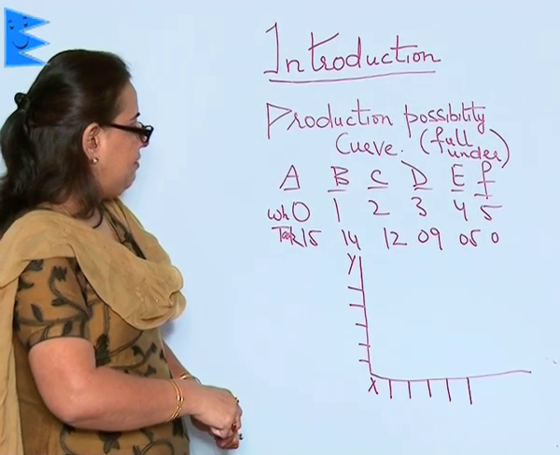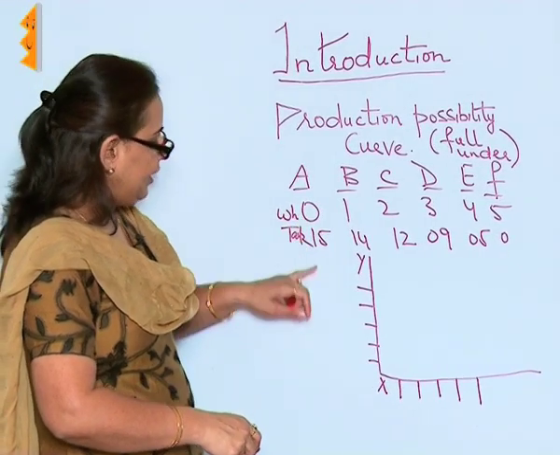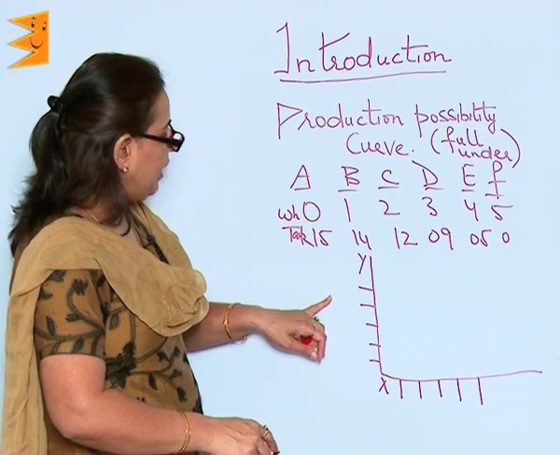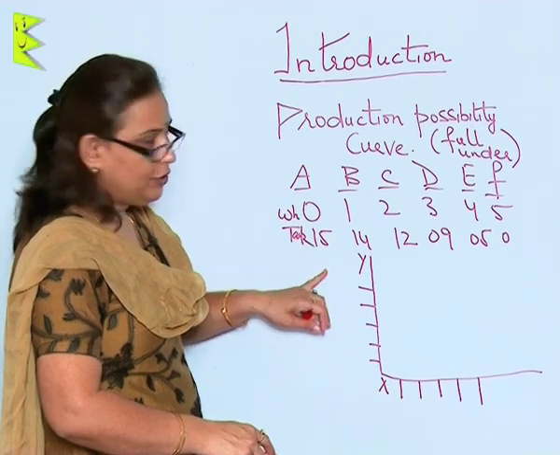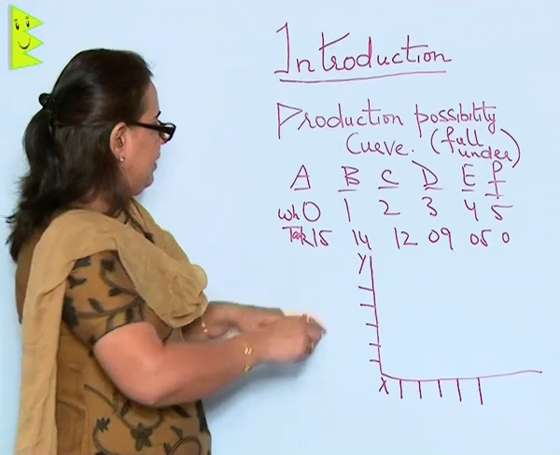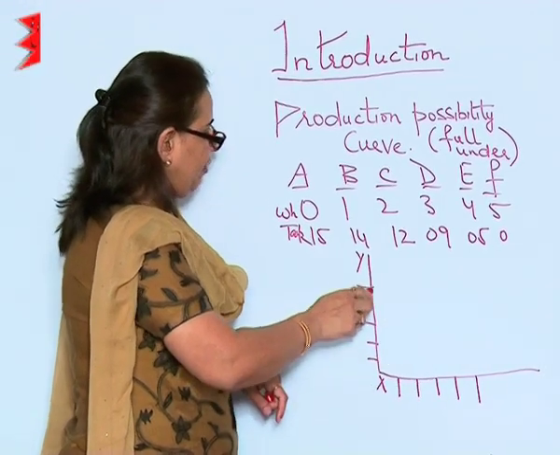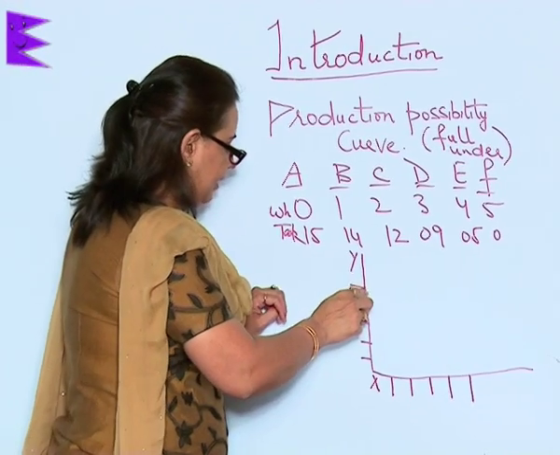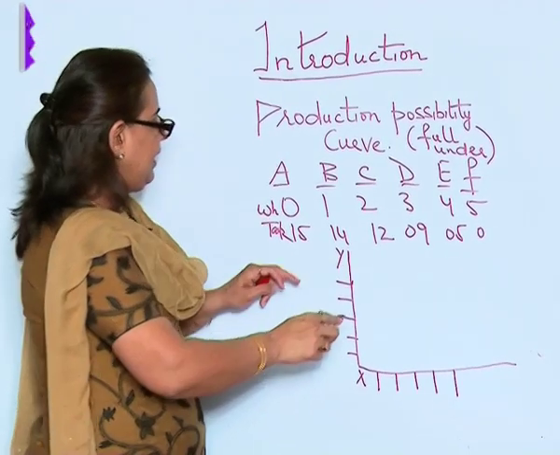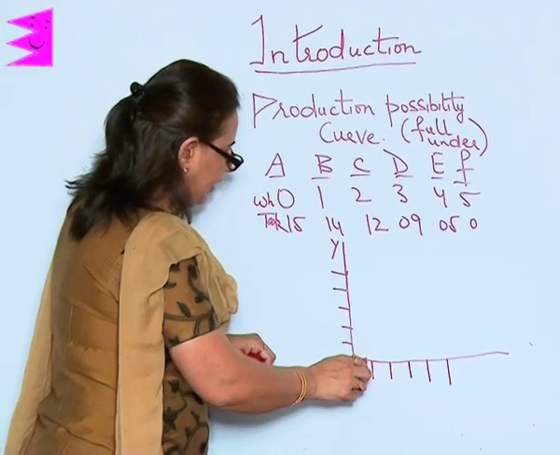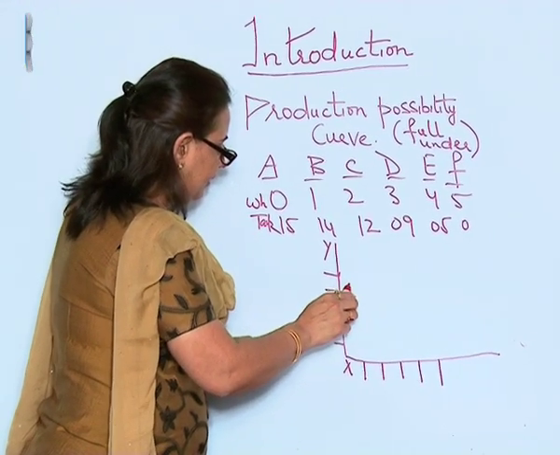It says when it is 0 for 15, I am going to plot it in this manner. Say for example, on the x axis, the 0 for 15 that I have means here. Then I have 1 for 14, which means here.